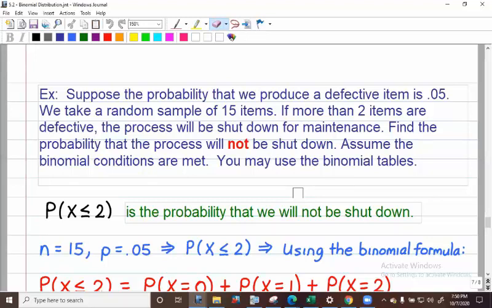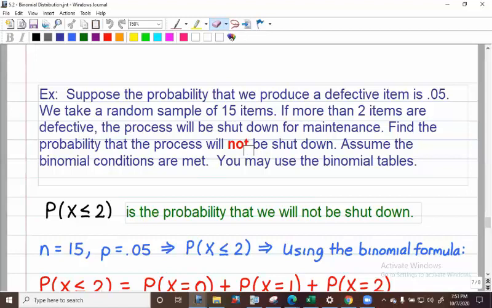More than 2 means shut down. Less than or equal to 2 is not shut down. If they come up with 2, 1, or 0, we're not shut down; 3 or more, we are. So we're calculating not shut down.